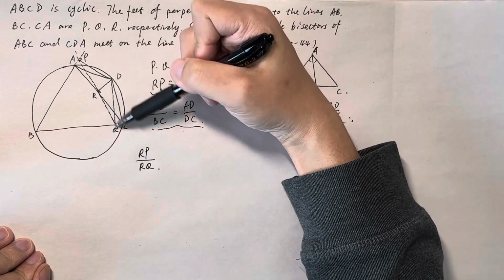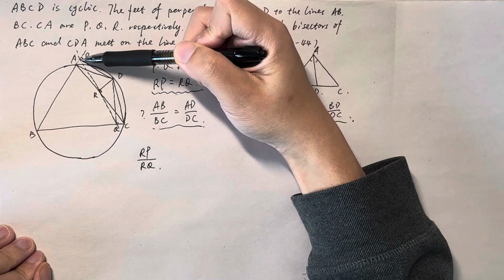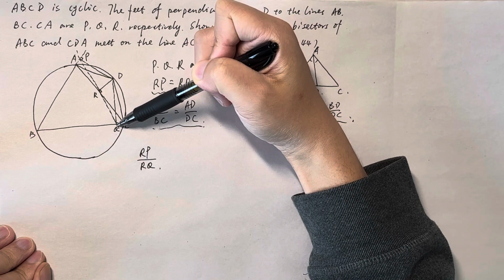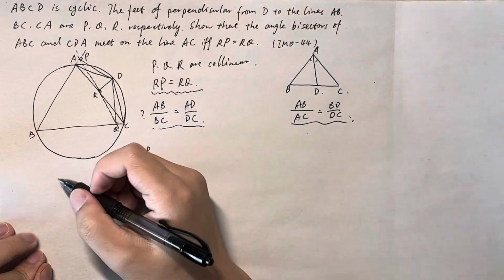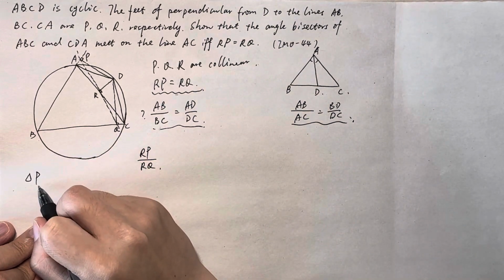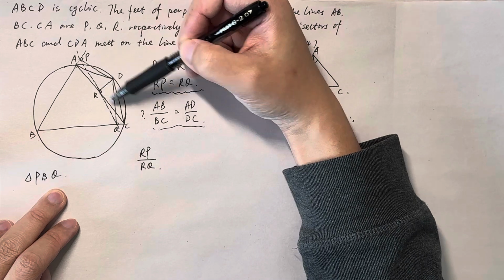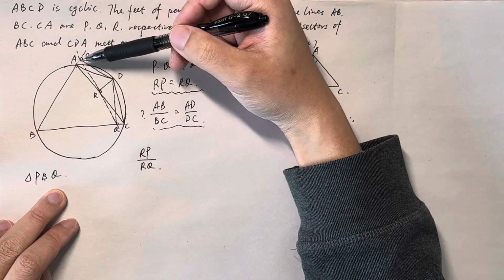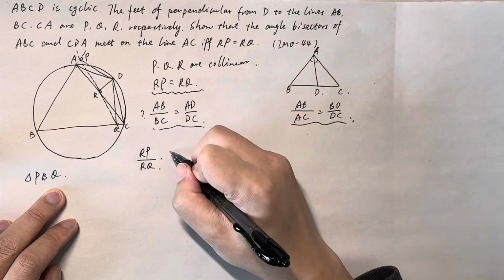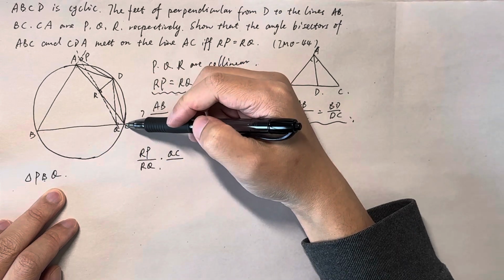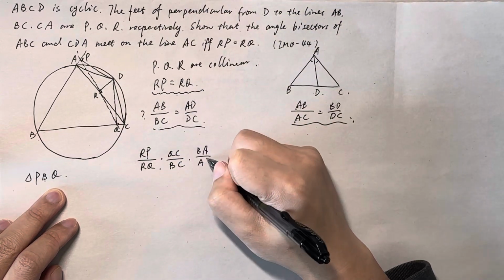Because P, R, Q are collinear and A, R, C are collinear, in the triangle PBQ, if we use the line ARC to intersect this triangle, then we can use Menelaus's theorem: PR to RQ times QC to CB times BA to AP equals 1.